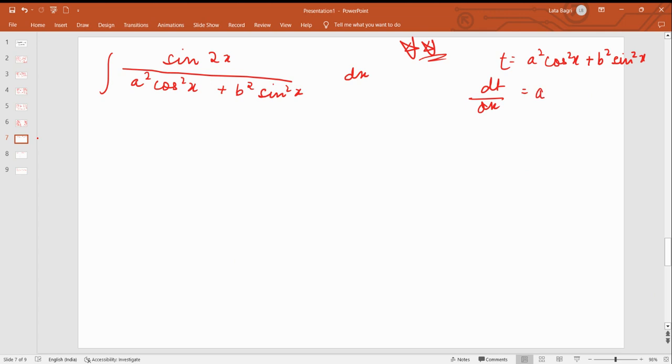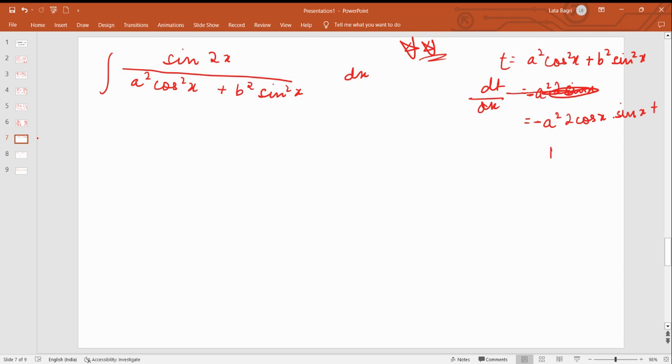Since this a square is constant, it will come out, and then cos square x differentiation is 2 cos x into minus sine x, so I'll put a minus sine x.